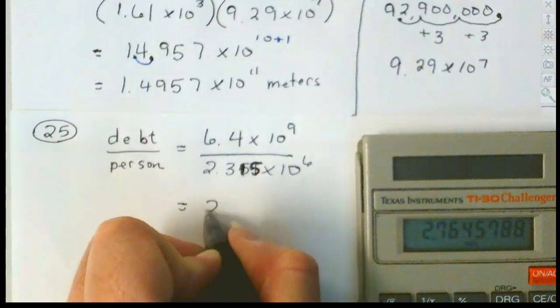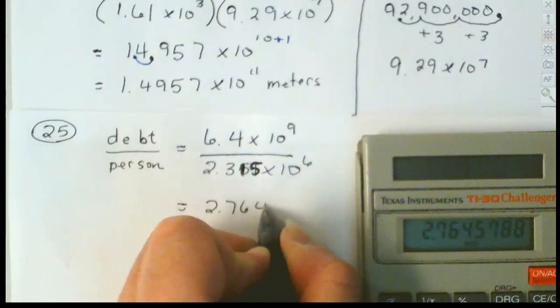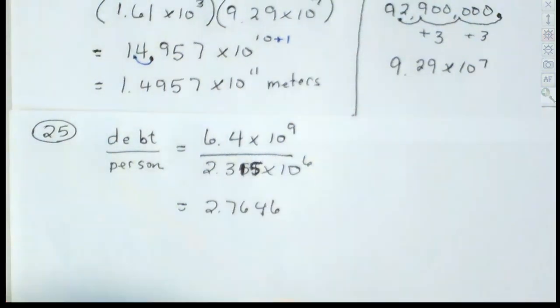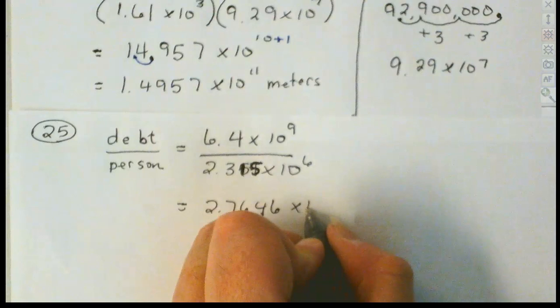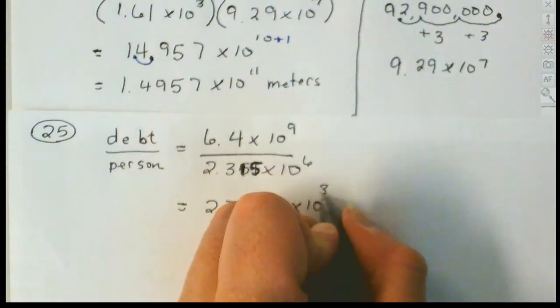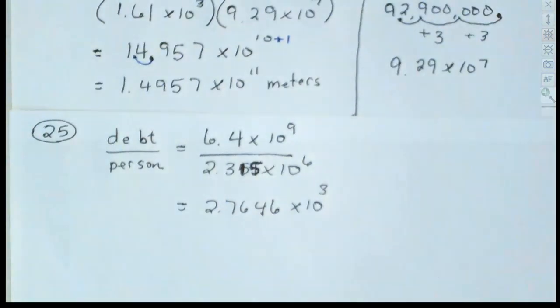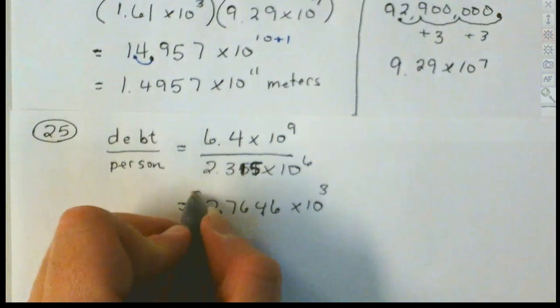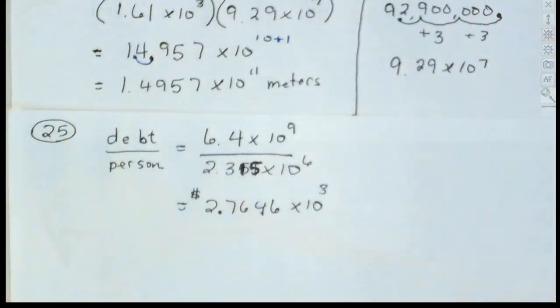That comes out to 2.7646 if we round. These exponents are going to subtract, so that's times 10 to the 9 minus 3, which is the 3rd power. It's already in scientific notation, and that's how much each person owes.